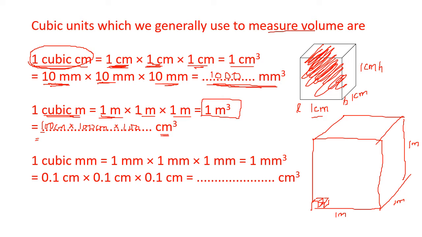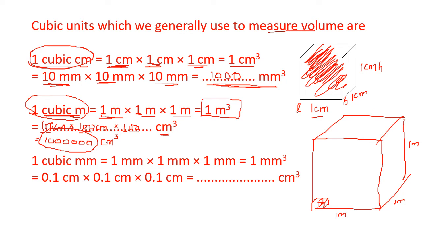So it is 1 into 1 into 1, that is 1, with 2 zeros, and 2 more zeros, and 2 more zeros. So 1, 2, 3, 4, 5, 6 zeros means 10 lakh centimeter cube. So remember, 1 cubic meter is 10 lakh centimeter cube.